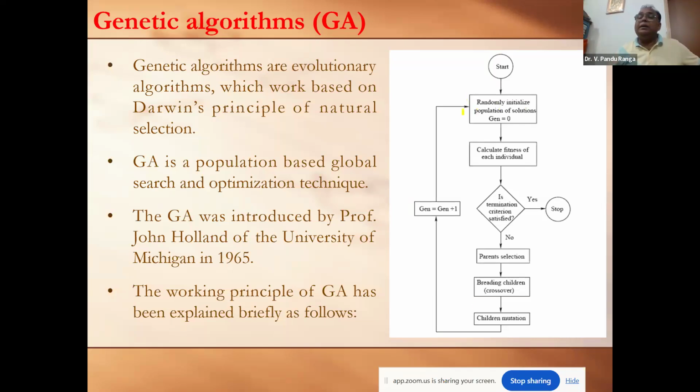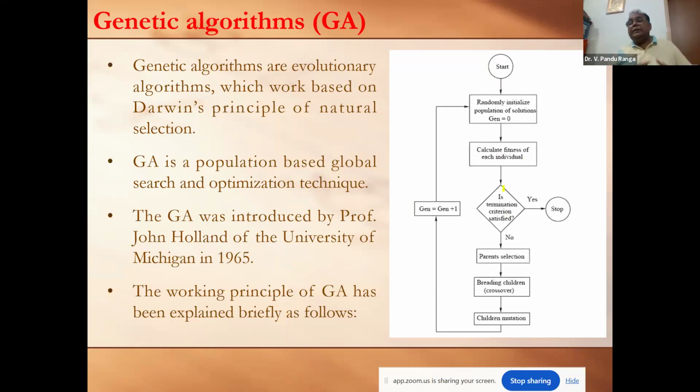Here we are going to generate some initial population, and the population is nothing but the problem variables that will be generated, and we will have an objective function in the optimization. These values will be substituted in the function and we will get the functional values. That is also called the fitness of the population, which shows the worthiness of the solution that can be carried to the next generation.